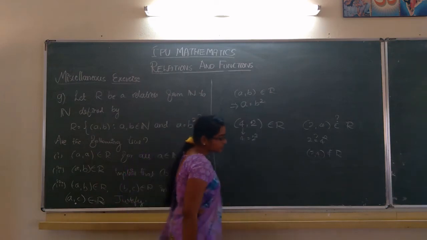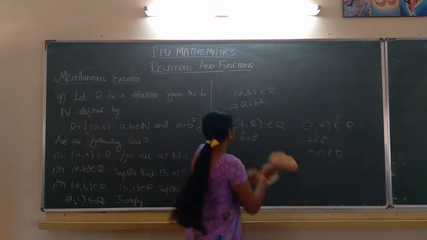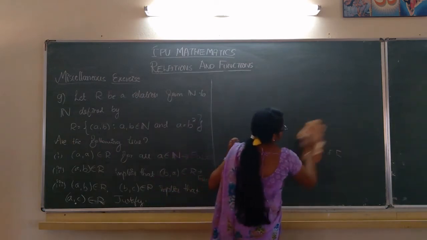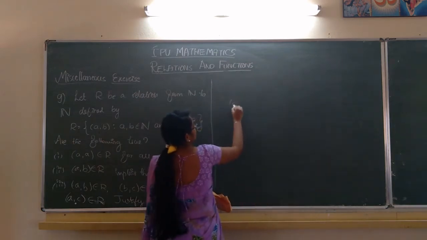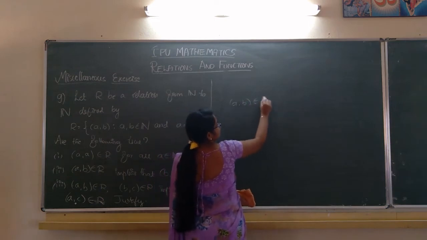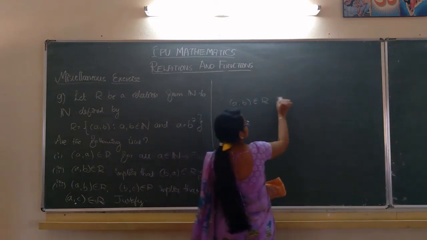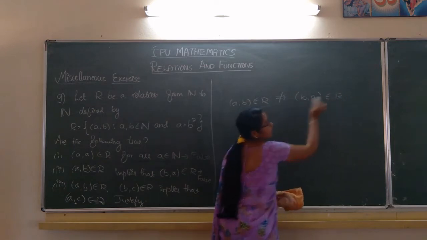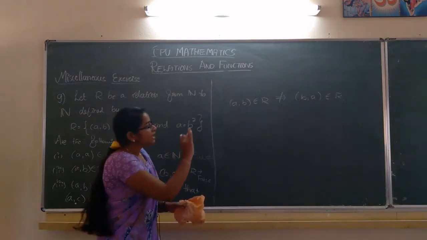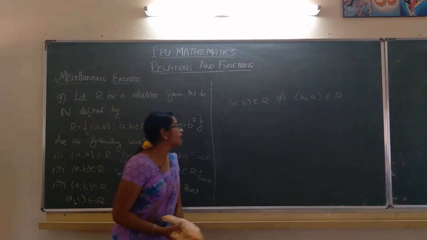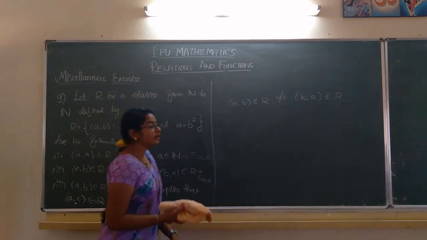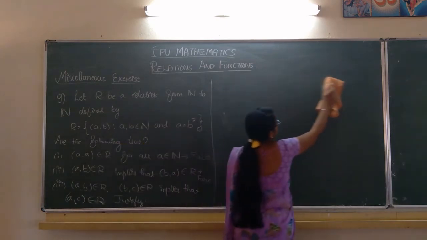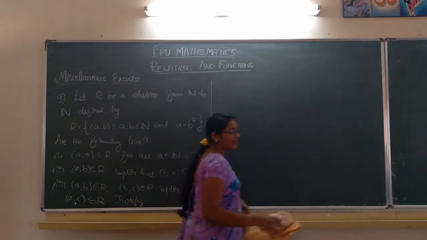That is, if A comma B is in relation R, that does not imply that B comma A is also in R. That need not imply B comma A is in R. You can give other examples also.